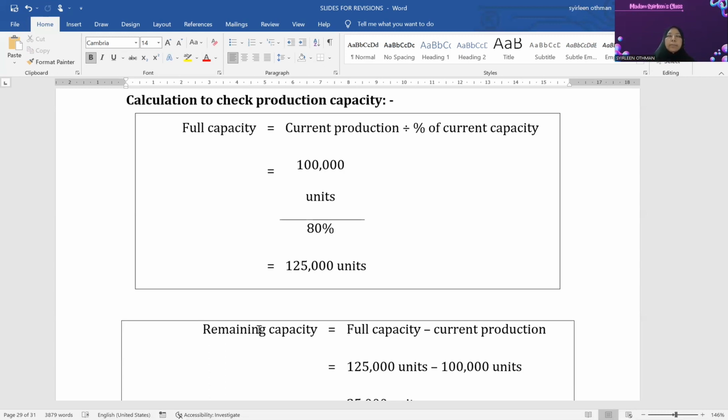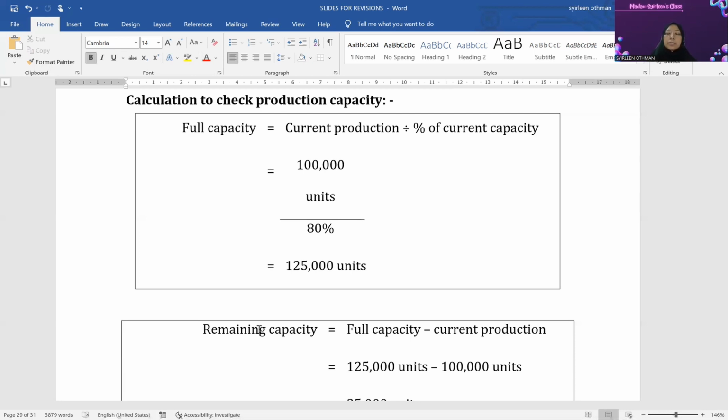Sales ke apa-apa perbelanjaan variable cost yang lain yang tak ada kena-mengena dengan production, itu ditanggung oleh syarikat yang buat special order tu. It's not by me. So that's why for your accept or reject, you won't add up any additional sales or admin variable cost. That won't be actually included in your special order sebenarnya.